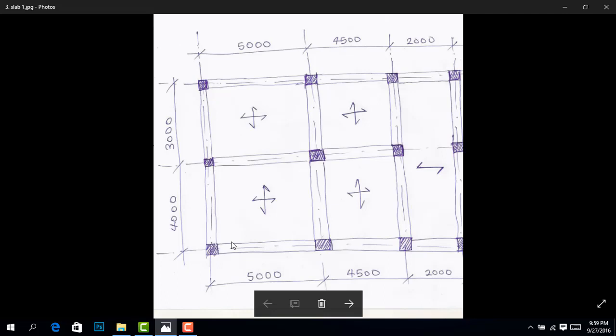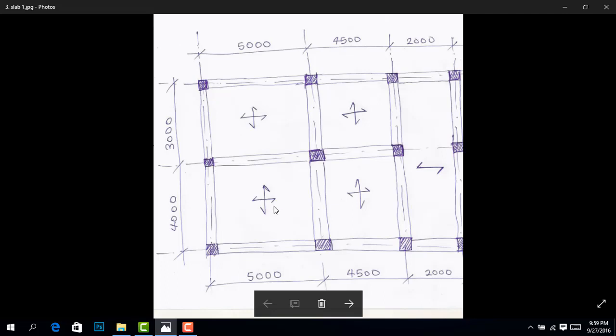One of my rules of thumb is, if you consider all the panels, look for the panel that has the largest short span. Here the short span is 4, while the short span here is 3. So I will use 4 to determine my size.